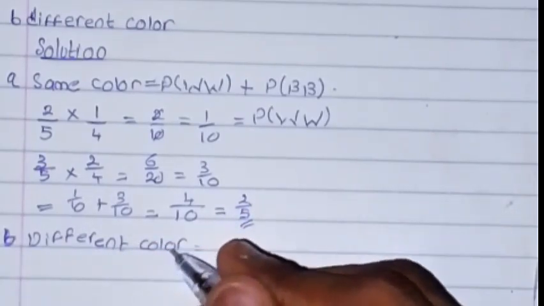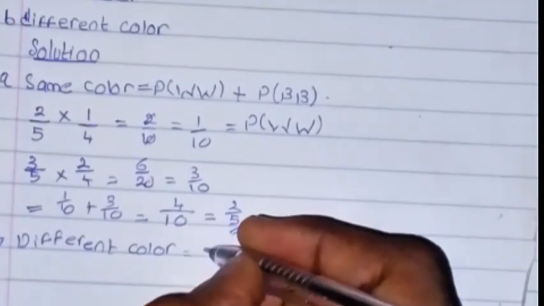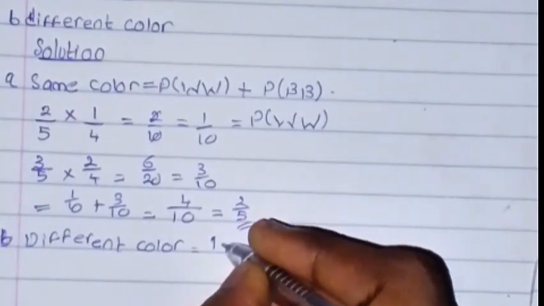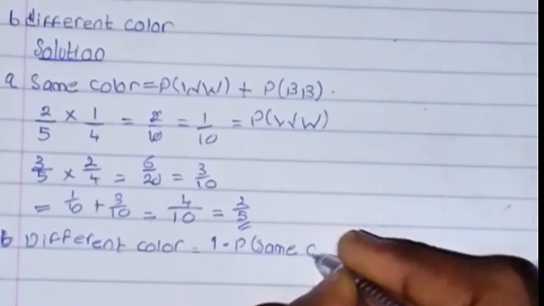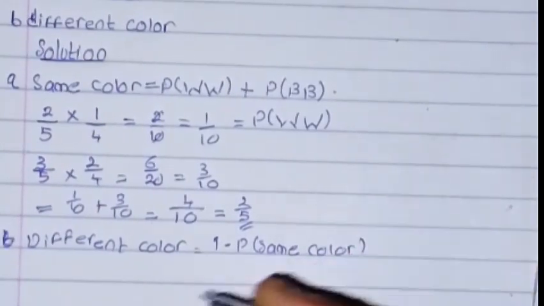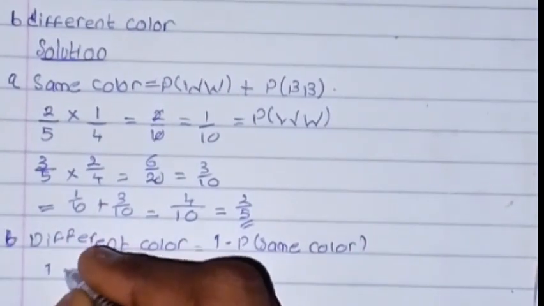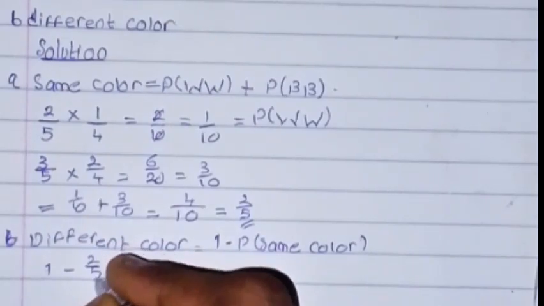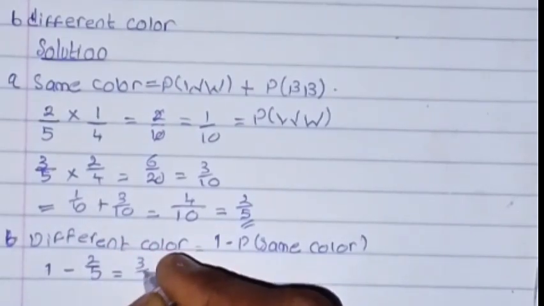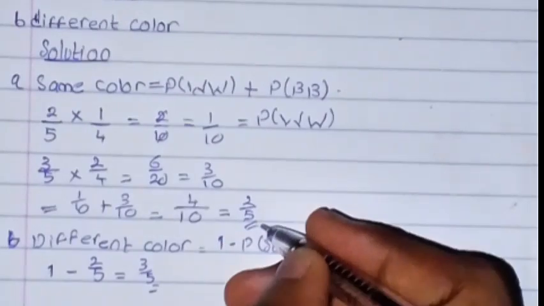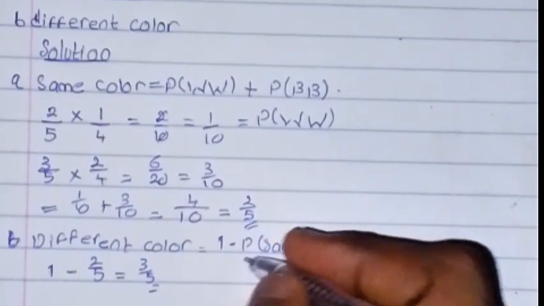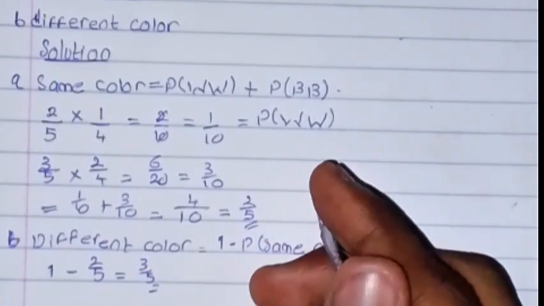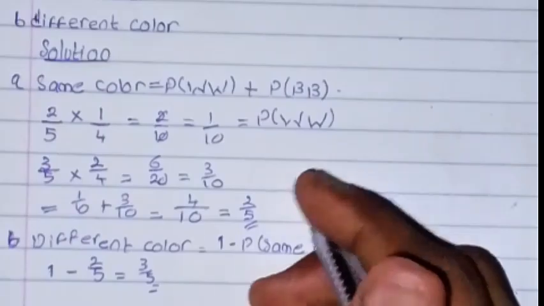So we have 1 minus the probability of the same color, which we obtained as 2 over 5. So we have 1 minus 2 over 5. If you evaluate that, you're going to have 3 over 5 as our answer for B. So 2 over 5 and 3 over 5 are the probabilities of picking 2 marbles of the same color and different colors from a box containing 2 white and 3 blue identical marbles.